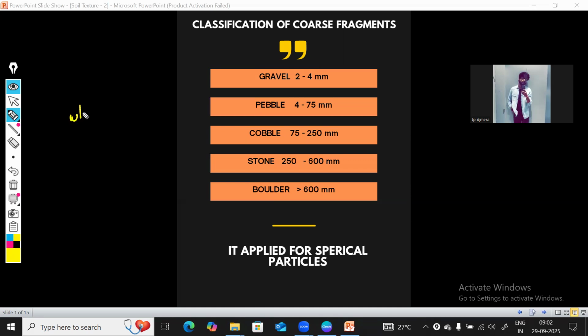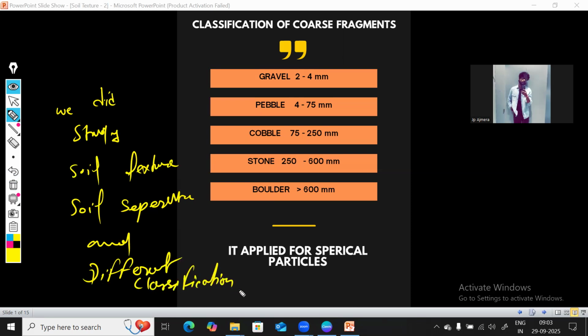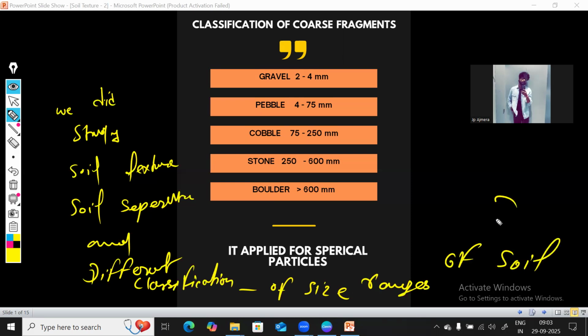We did study soil texture, soil separates, and the different classifications of the size ranges of soil separates.